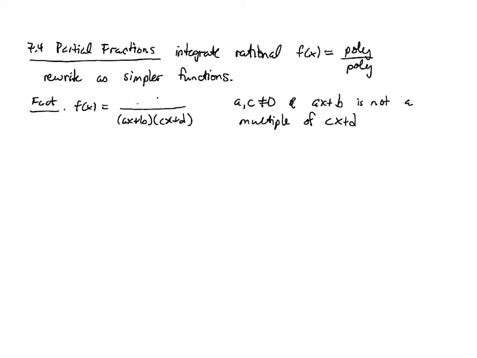And then the numerator is going to be anything of the form ux plus v, where let's make sure that that numerator is non-zero.